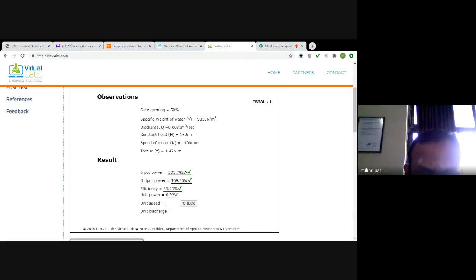Unit speed is N by root H. The discharge is Q upon root H cubed.